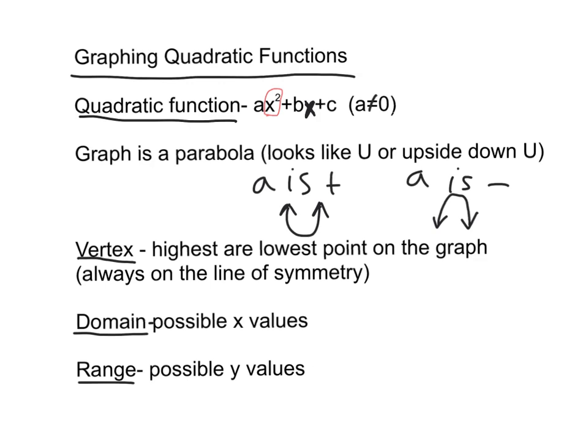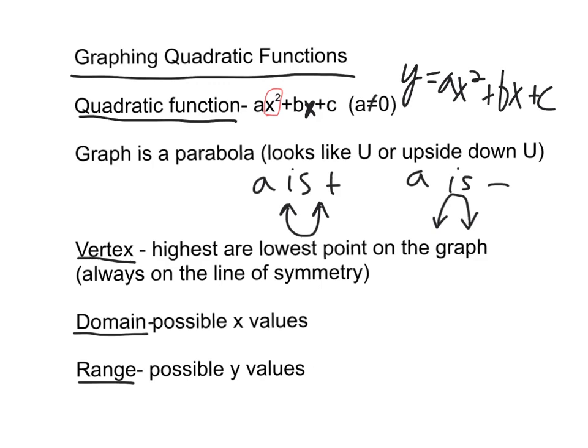And normally we're talking about quadratic equations, which would be like y equals ax squared plus bx plus c. Again, the graph is going to be a parabola, so it's going to be either like a U or an upside down U. If a is positive, it's going to be a U. If a is negative, it's going to be an upside down U or a frowny face.